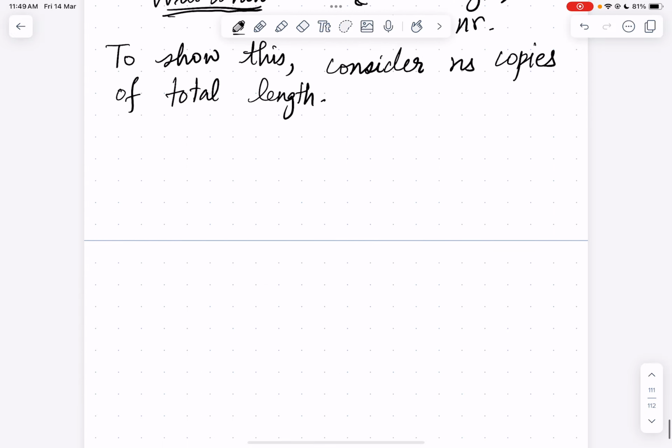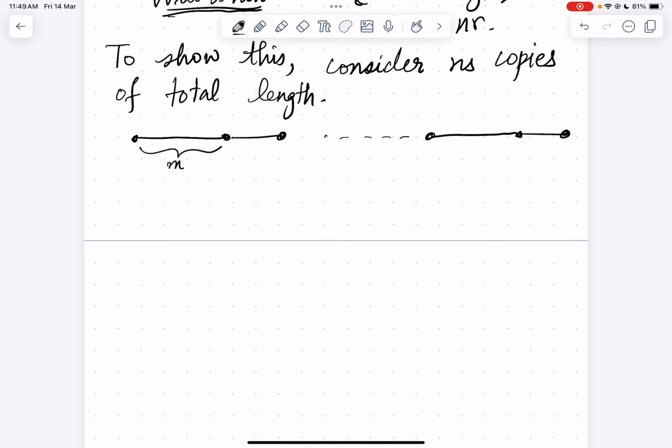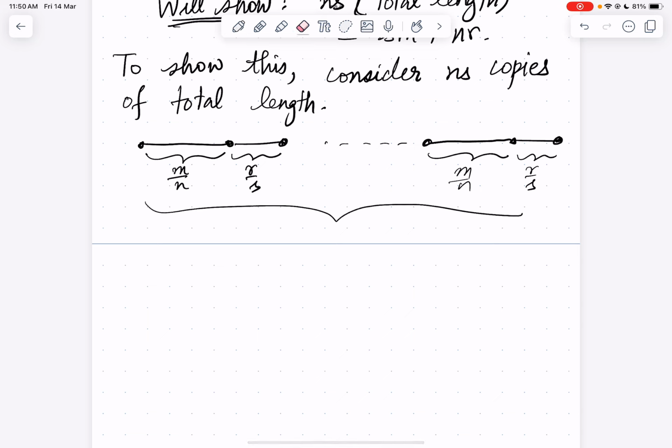So you consider ns copies: this is of length m by n, this is of length r by s, this is of length m by n, this is of length r by s, and for these we have taken a total of ns copies of total length.